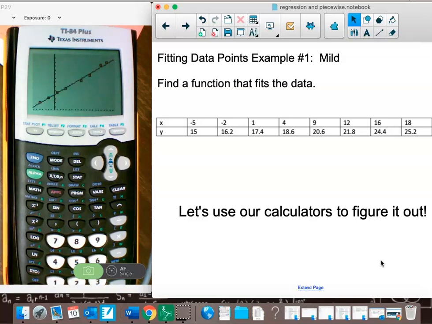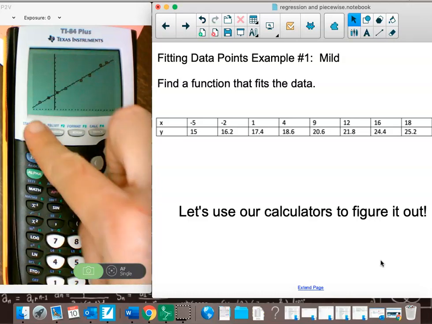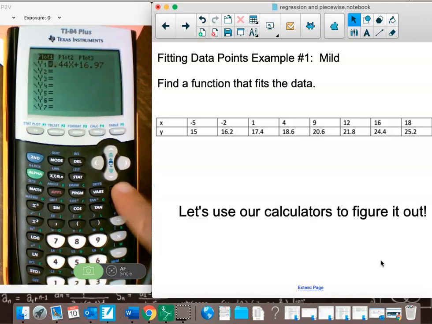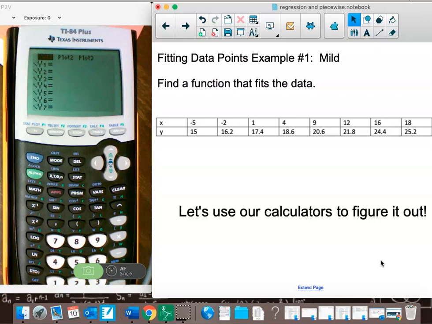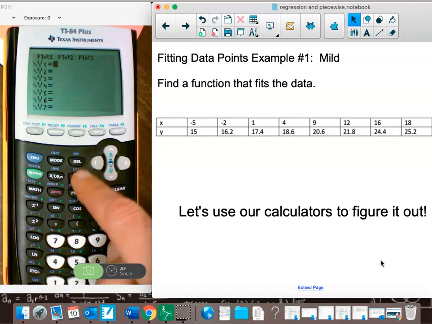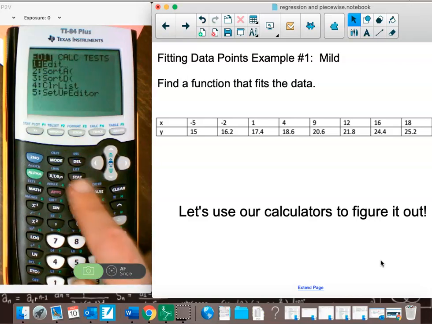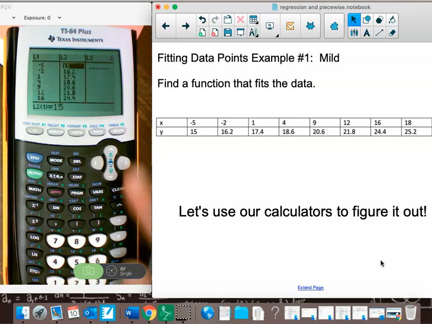Okay, so to clear my graph, I'm just hitting clear on my graph. If you want to turn off your stat plot, you just hit enter on it and it turns it off. If you want to clear your lists, to go back to your list, you hit stat, hit enter on edit.